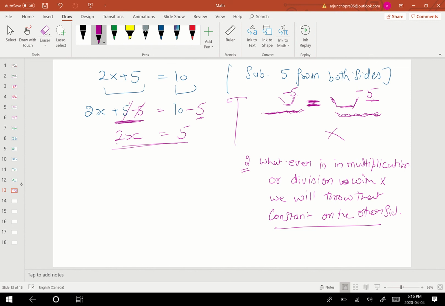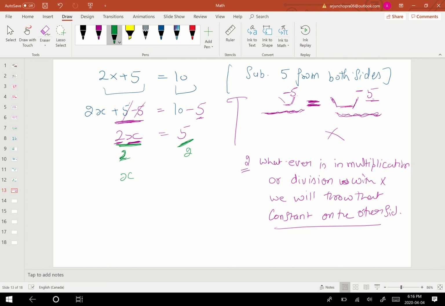So in this case 2 is in multiplication with x, and the opposite of multiplication is division. So I can apply the division on this side. Again, I wanted to isolate x, so I will divide by 2. If I am applying the operation on this side, I have to apply the same operation on the other side of the equation also.